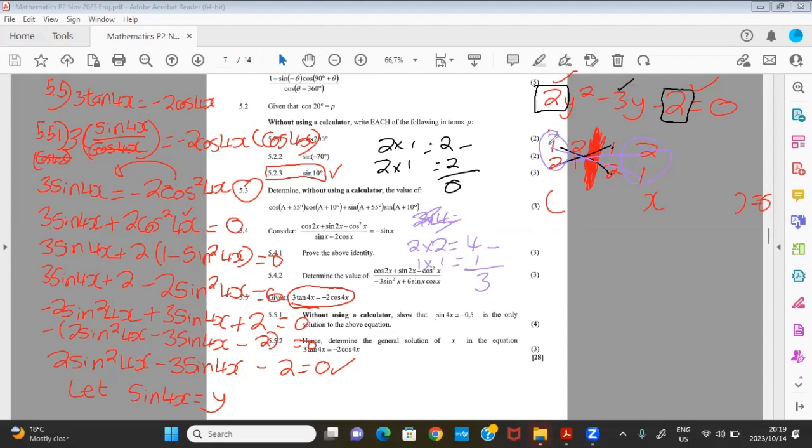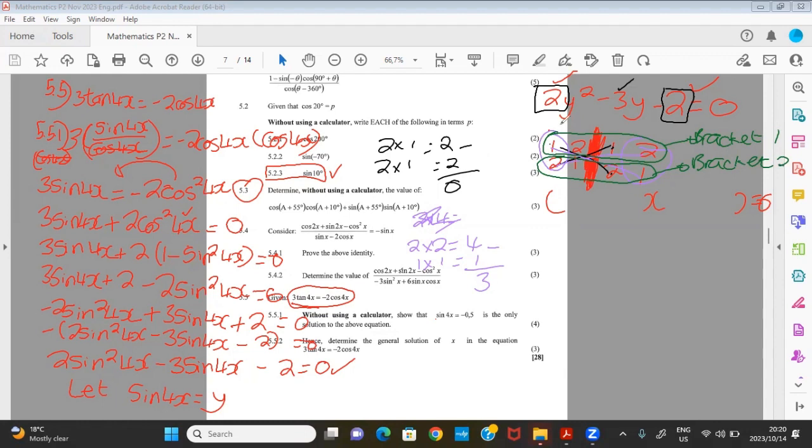When I write them down now, what is here on my first line is basically my first bracket, and what is here on my second line is basically my second bracket.